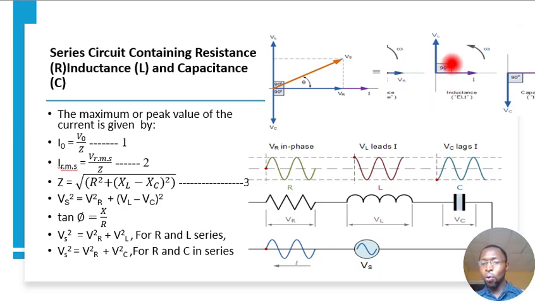When it is for an inductor only, the phasor diagram, or the vector diagram, has a difference of 90 degrees. In this case, the voltage is leading the current by a difference of 90 degrees. All right. Now, the phasor diagram for a capacitor is this. In this case, you can see that the VC is pointing downward.